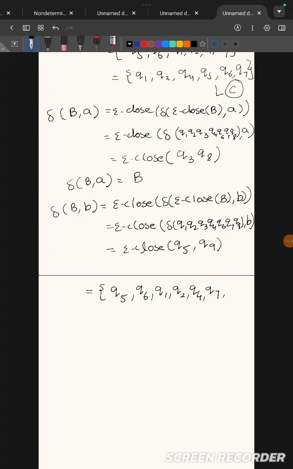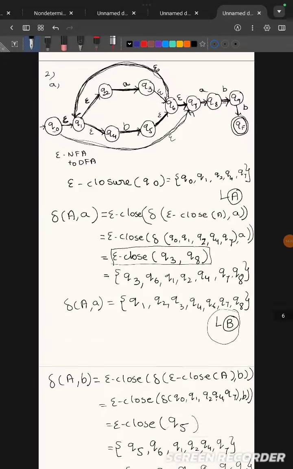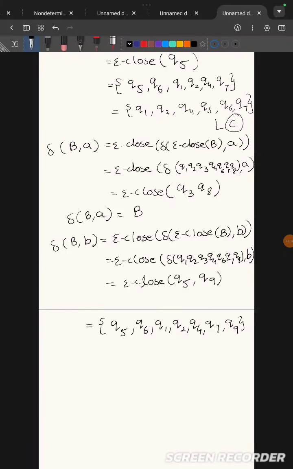That's it from the Q5 side. Now we move on to Q9. For Q9 we include Q9, but after that it doesn't have any epsilon transition. So in order, it is Q1, Q2, Q4, Q5, Q6, Q7 and Q9. We will name this set of states as state D. So the transition of state B on symbol b goes to D.